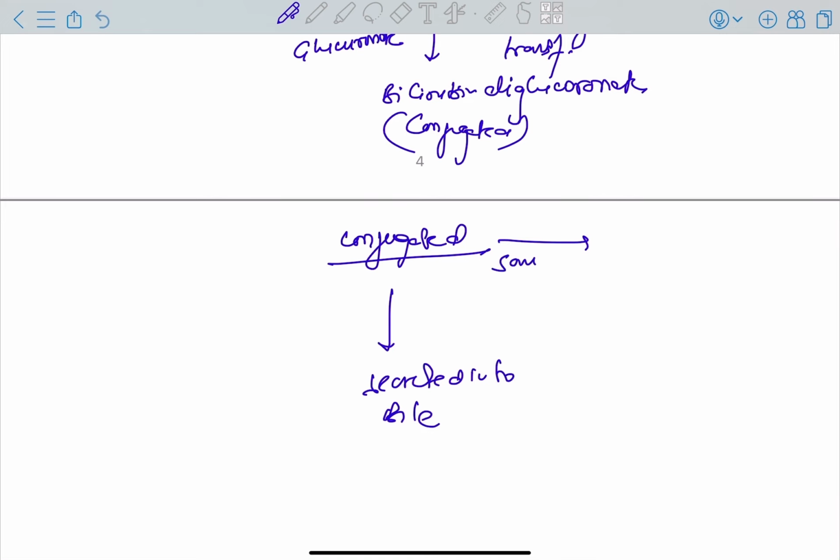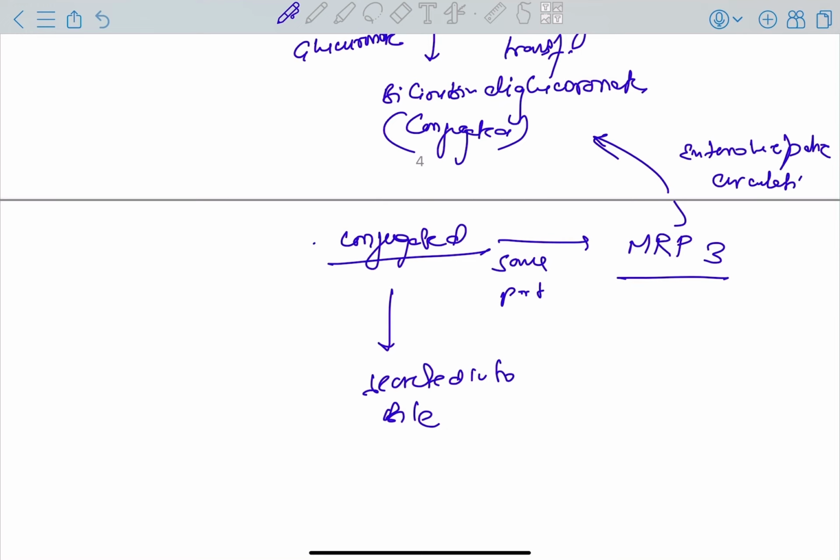Some part via the multi-drug resistant protein 3 is transported back into the enterohepatic circulation and some part via the organic anion transport protein 1A1 and 1A3 is reuptaken by the hepatocytes.